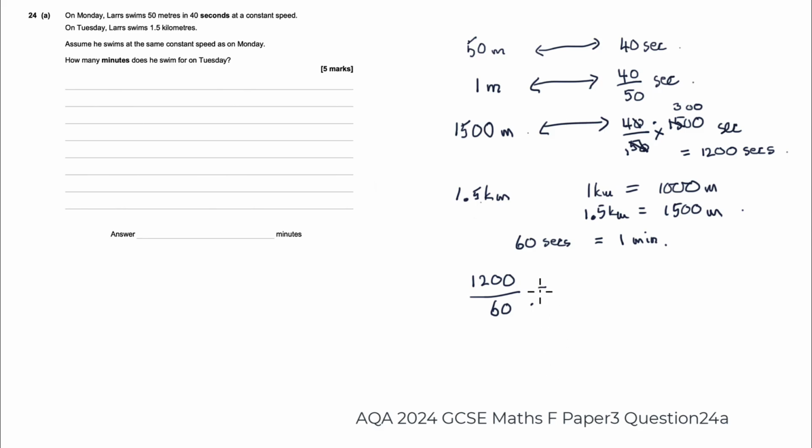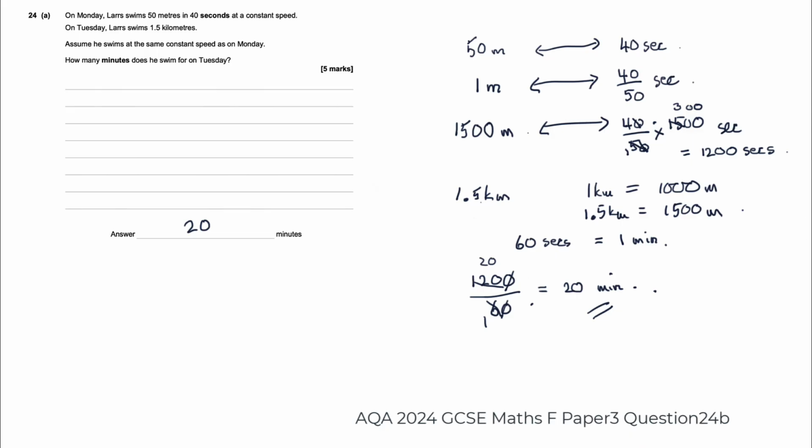And again, your calculator comes to the rescue. 1200 over 60, and that would actually give you 20. You can check that. So the answer to this question is 20 minutes.